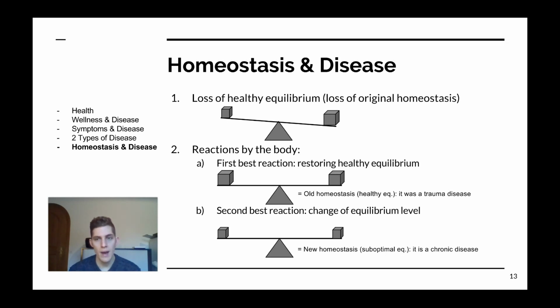So this will be a new equilibrium because we can still run at a stable speed, but it will be slower and we can run less far. So this will be a suboptimal equilibrium.